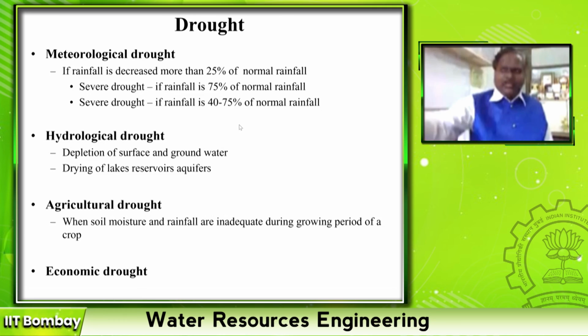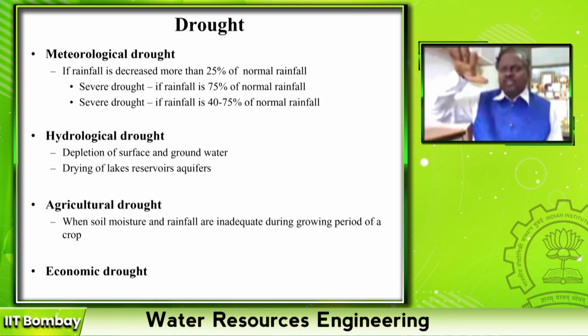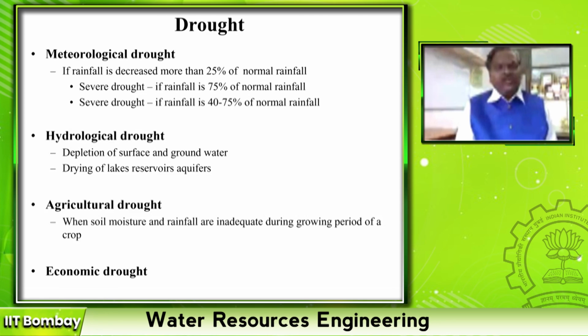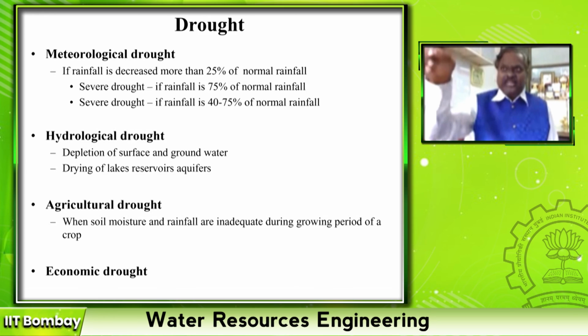Hydrological drought: there may be less rainfall, but still I have a sufficient amount of surface water in the lakes, reservoirs and aquifers, then we don't call that a hydrological drought. We call it a hydrological drought when there is no water in the lakes and reservoirs as well as in the aquifers. Agricultural drought is when the soil moisture, after the rainfall, should have a sufficient increase.